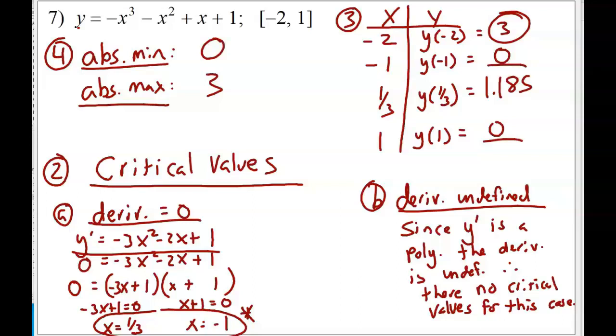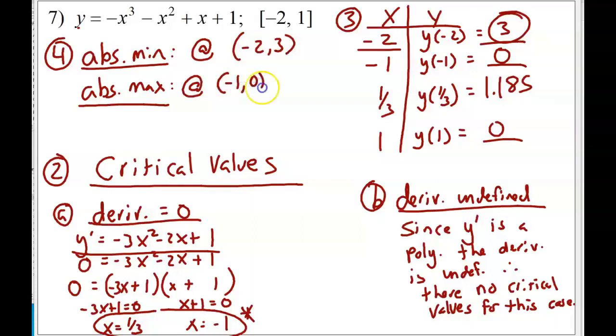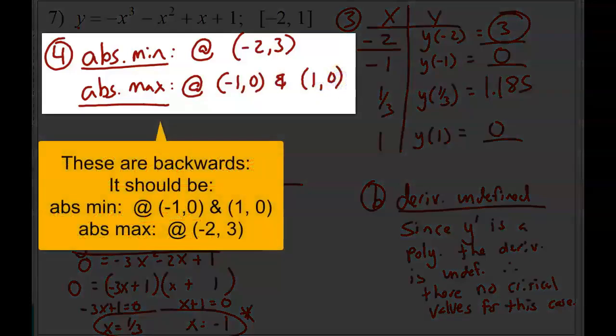Okay. Now you could write these as points. So for instance, instead of writing what the absolute min and max are, we could write it as you have an absolute minimum at the point (-2, 3), and you have an absolute maximum at the points (-1, 0) and (1, 0). Okay, so that's another way to write it.